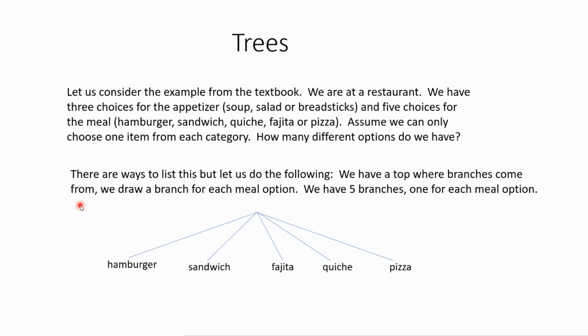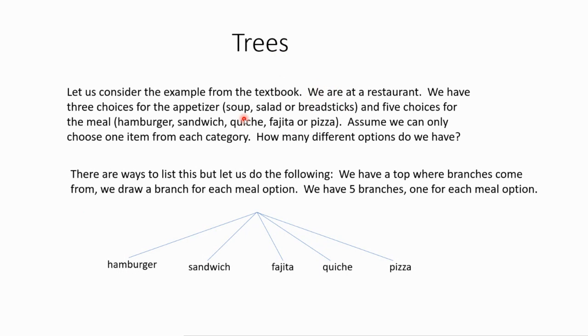So one way to pull that off is to use what's called a tree. And if you remember the example we did last time, well, I don't think we finished it, but we started it. We were at a restaurant, and we can order an appetizer and a meal. For the appetizer, we have 3 choices, and we have 5 choices for the meal.